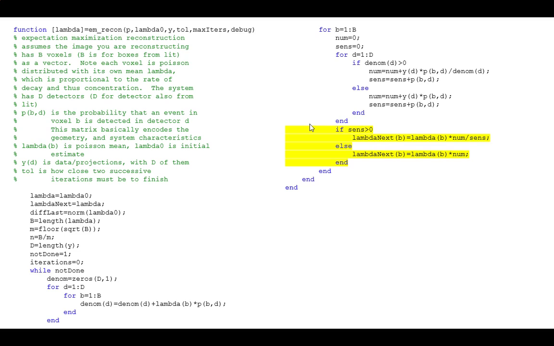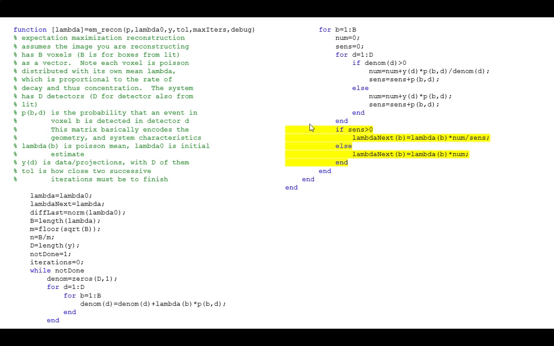Really small? Really small numbers. All right. Normally what we want to do is make sure that sensitivity is not within some epsilon of 0. So I would actually take a look if the absolute value of sensitivity was bigger than some epsilon.